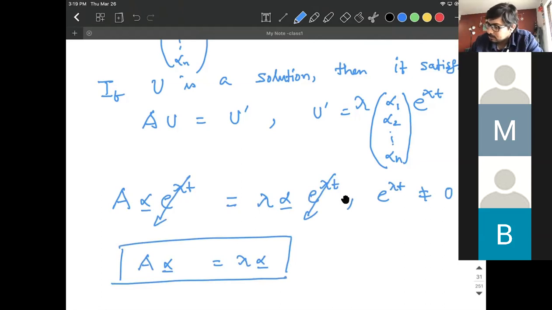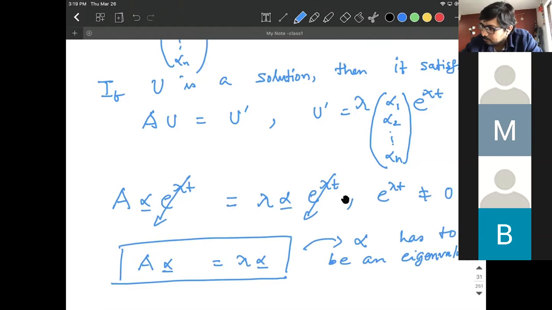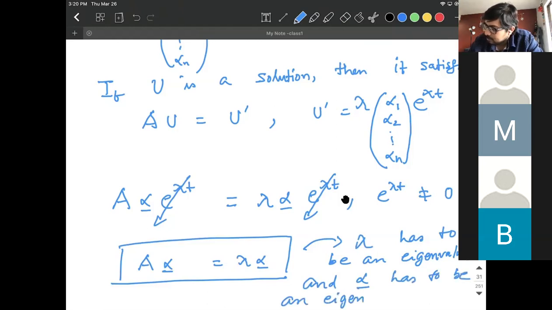So what it means is that, rather than alpha, lambda has to be an eigenvalue, and this has to be an eigenvector.